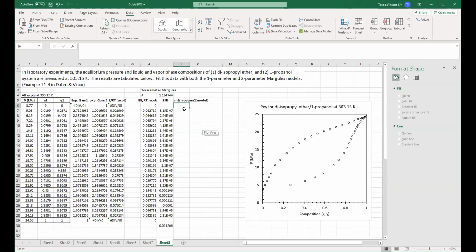So using the Margules model, remember that ln of gamma 1 is equal to A times x2 squared. So to rearrange that, gamma 1 is equal to the exponent of the parameter A, which is going to be dollar-signed, times x2 squared. So I need to do 1 minus x1 and square it.